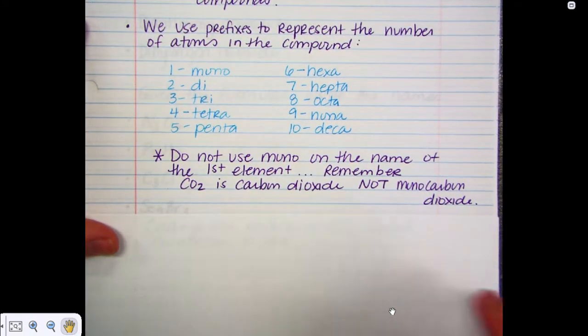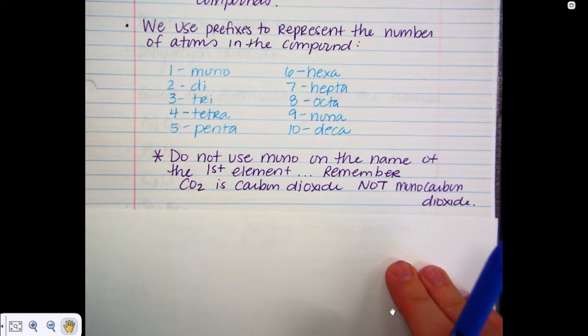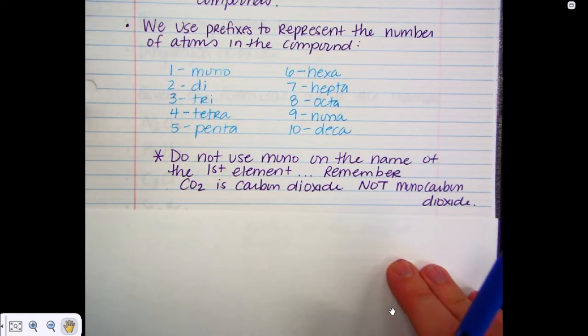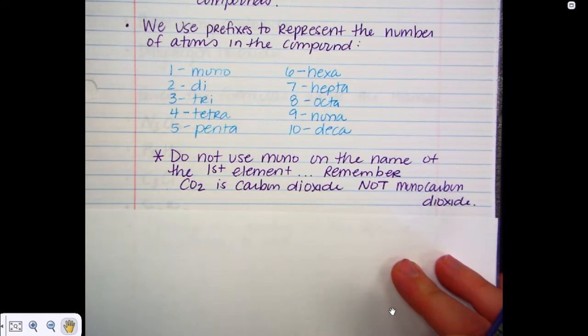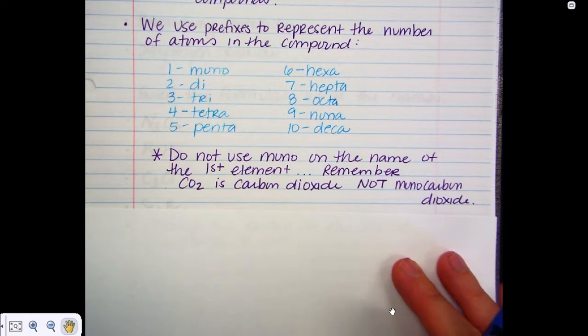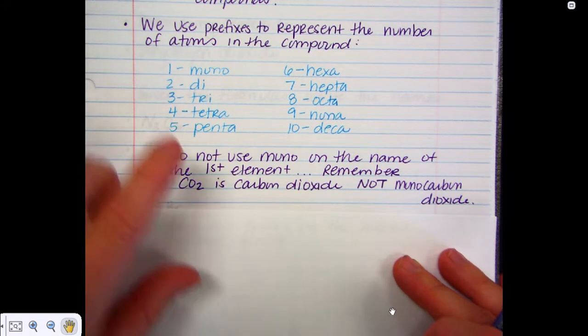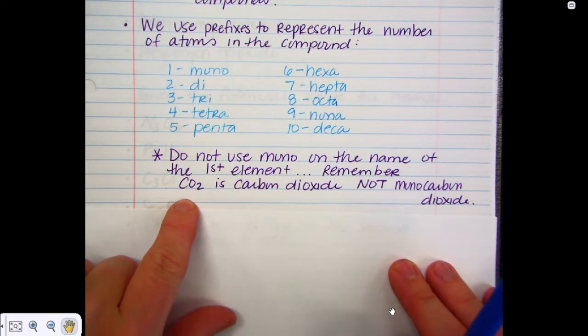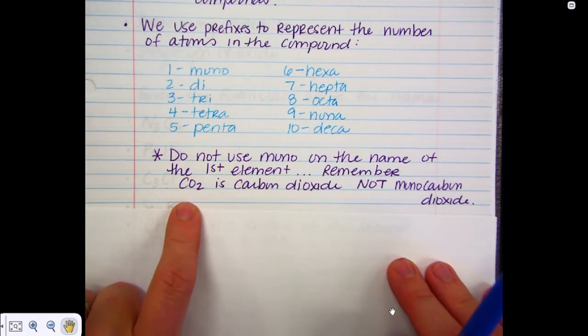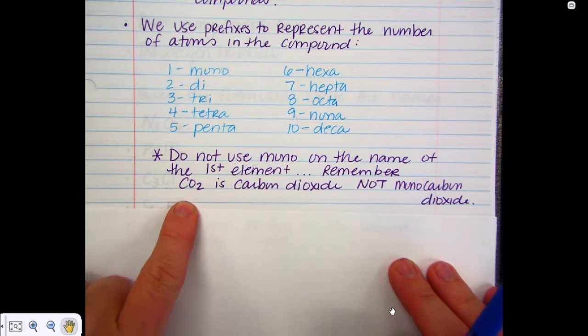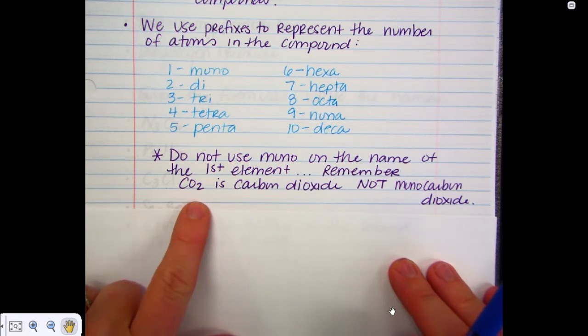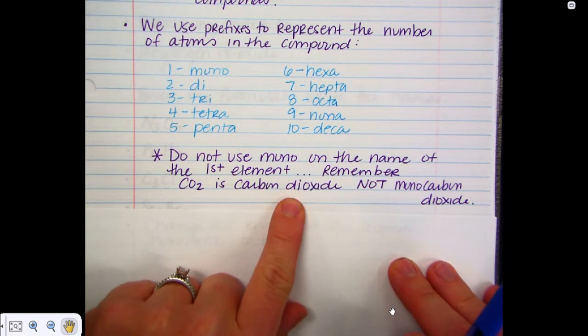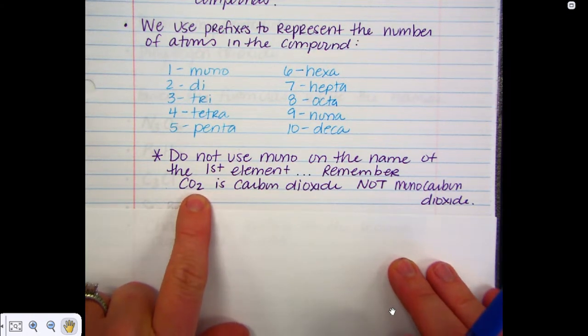You don't use mono on the name of the first element. You can for sure use it on the second element with no problem, but you don't use it on the first element. And even though we haven't gone over any examples yet, you are familiar enough with some of these that I can use this one as an example. So we know that carbon dioxide is represented by the formula CO2. It's carbon dioxide because I've got 1 carbon and 2 oxygens, and there's your prefix di because there's 2. We don't call this monocarbon dioxide.